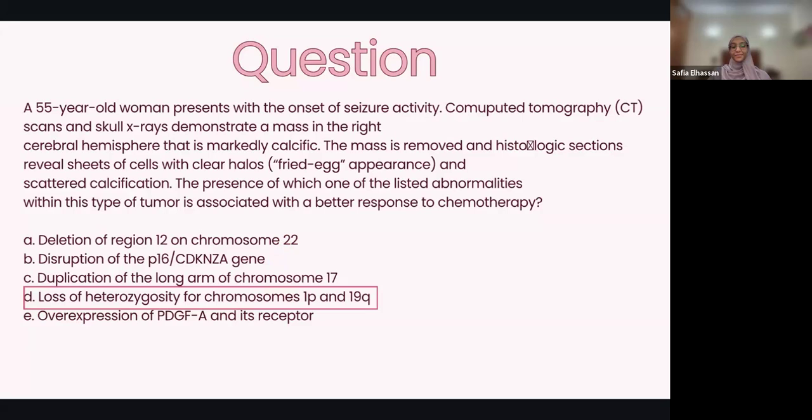No. CDKN2A was for a tumor that had a worse prognosis with this specific mutation.